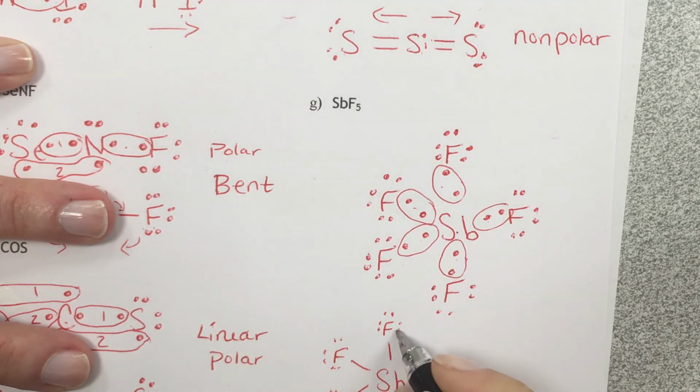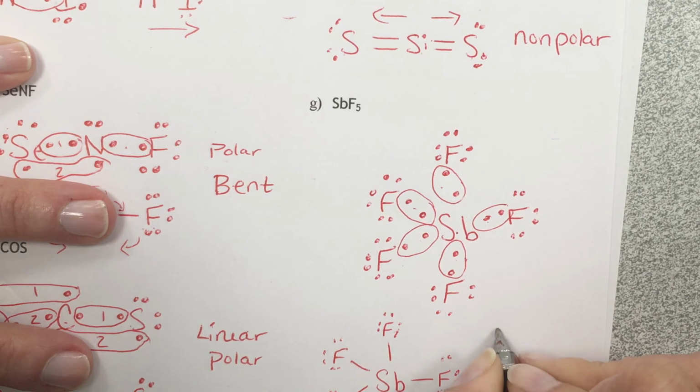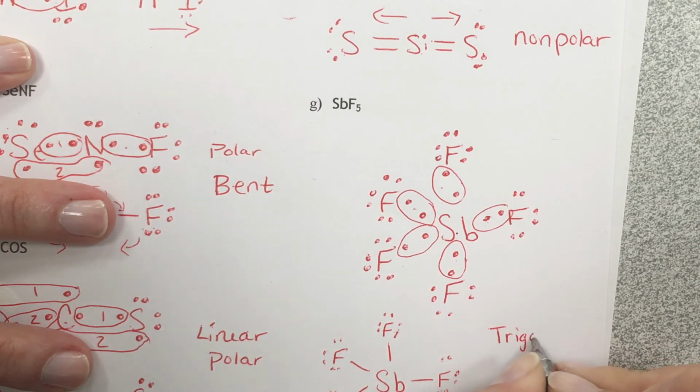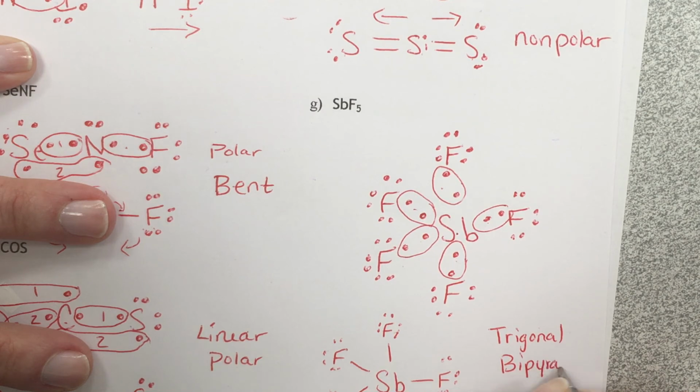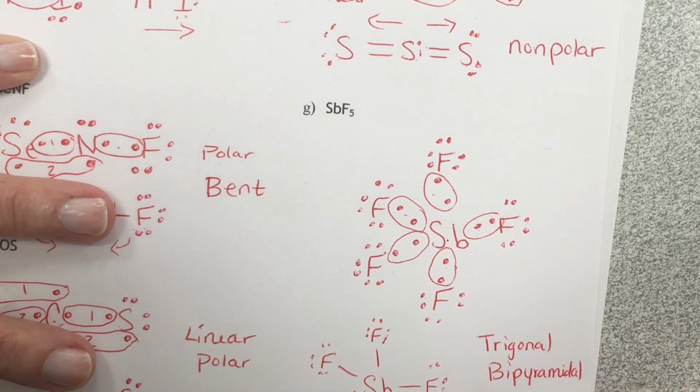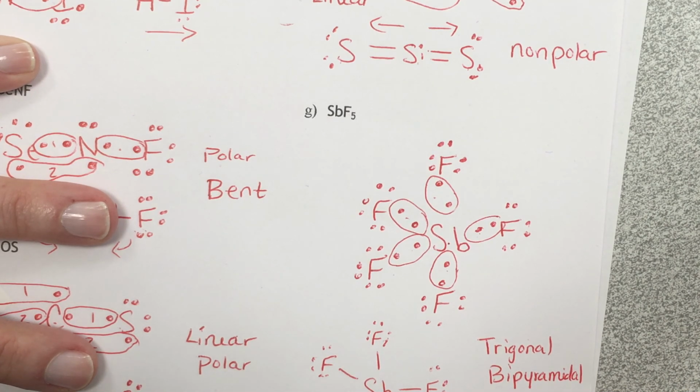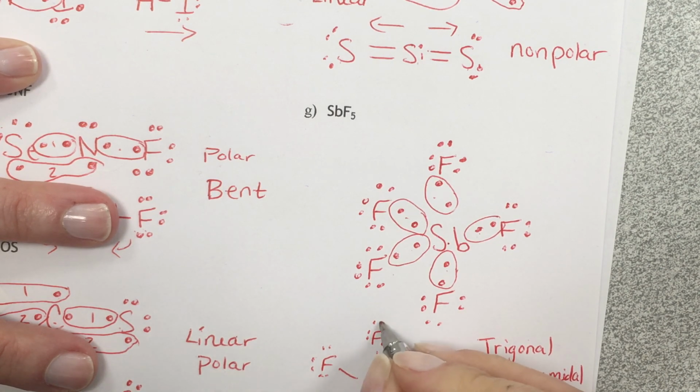Okay, so that's what this would look like, and the shape of it is trigonal bipyramidal, and it is always nonpolar. It'll always be the same things connected to it, at least in 10th grade.